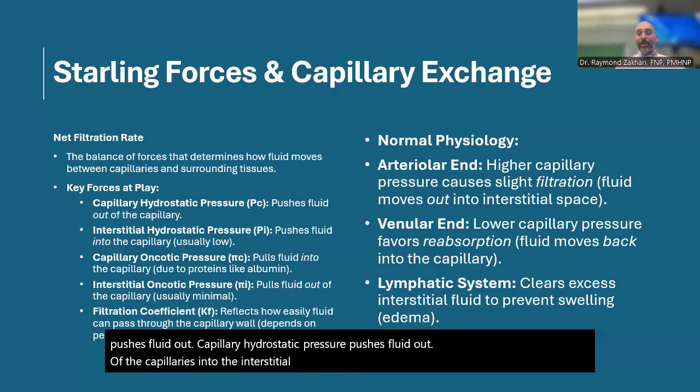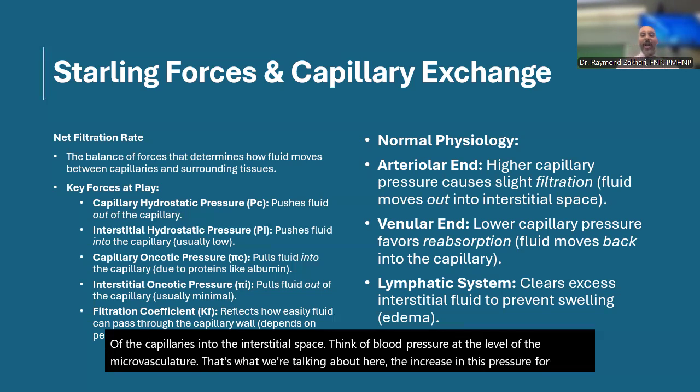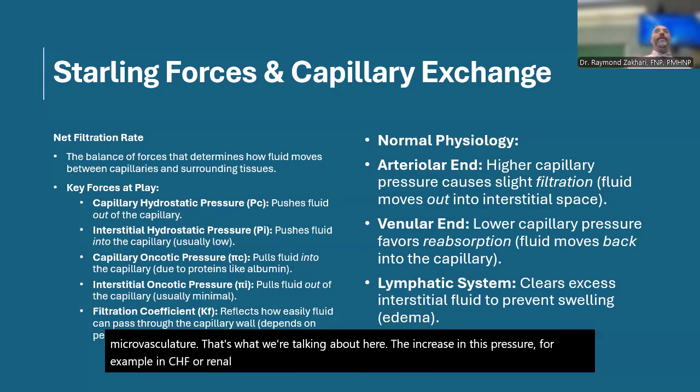Think of blood pressure at the level of the microvasculature. That's what we're talking about here. An increase in this pressure, for example in CHF or renal failure, promotes edema. Increased pressure pushes the fluid out.